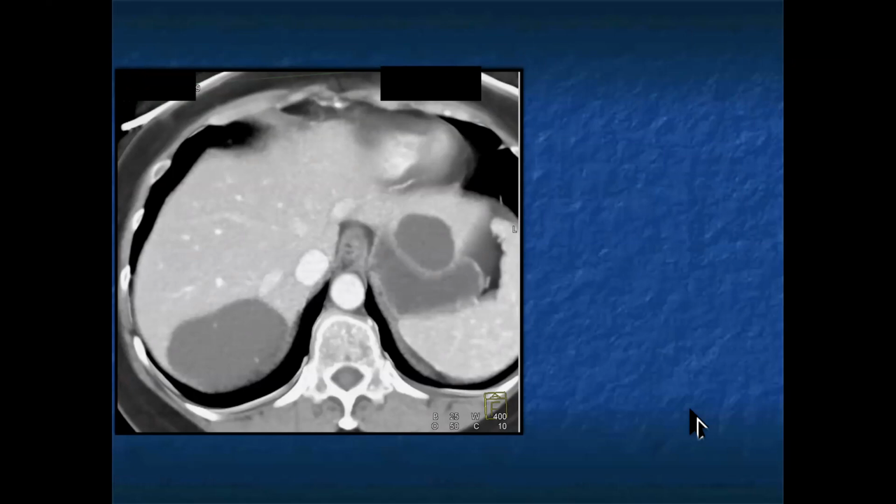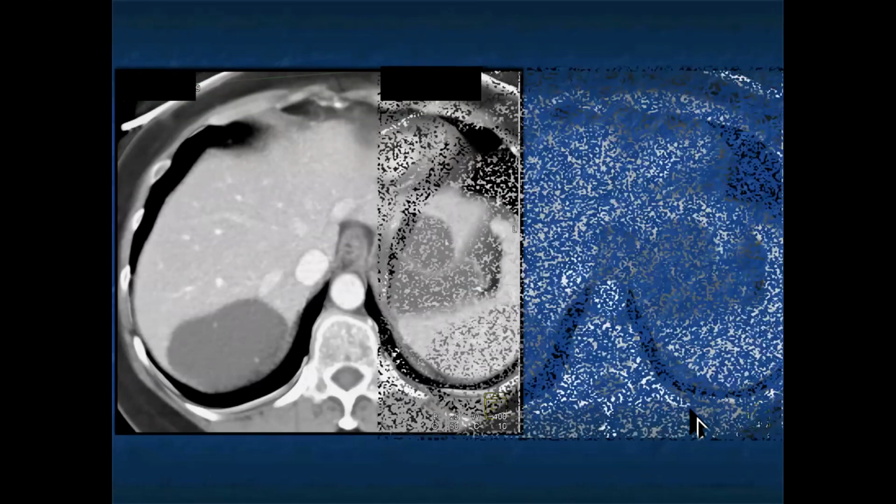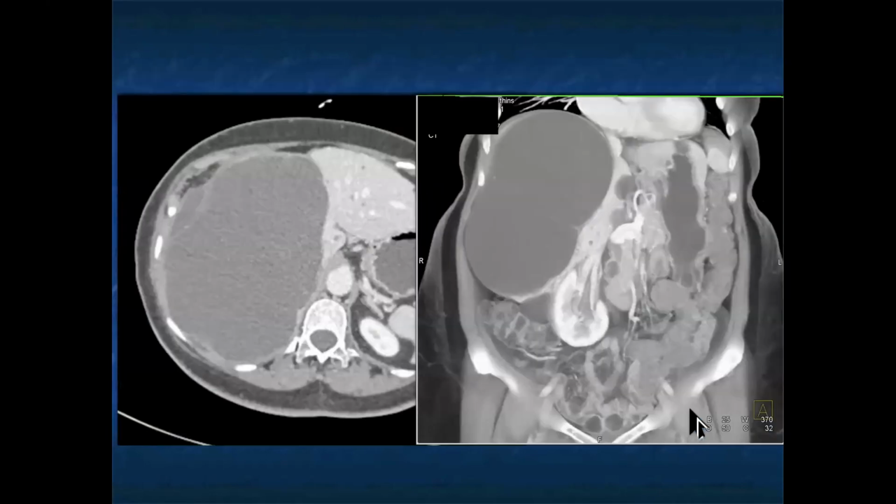Now, I will admit that if liver cysts get large enough, particularly if they're centrally located, they can compress the IVC and cause perfusion changes in the liver, and even cause lower extremity edema. So although benign hepatic cysts are always benign, they can cause problems. Okay, so real simple there.